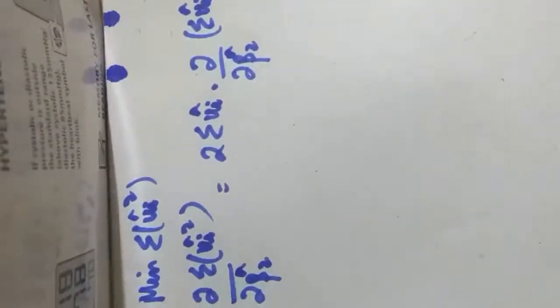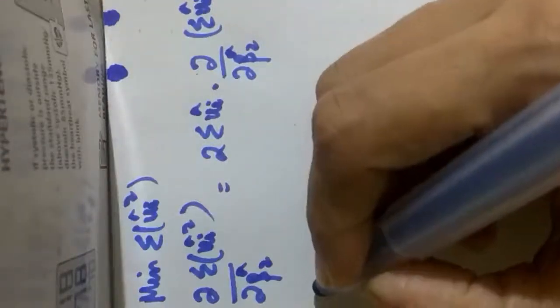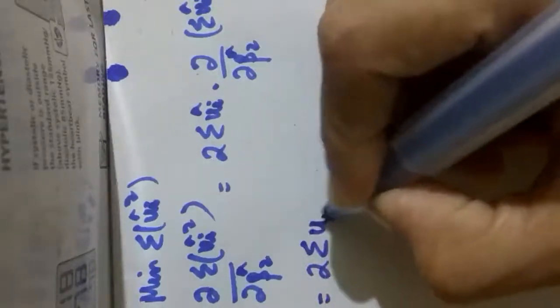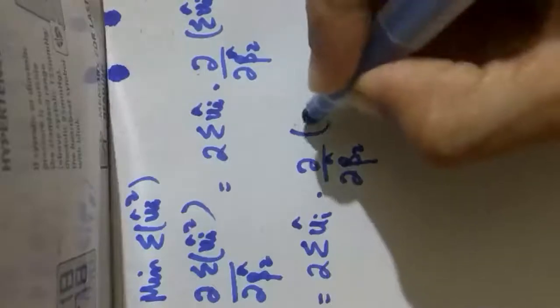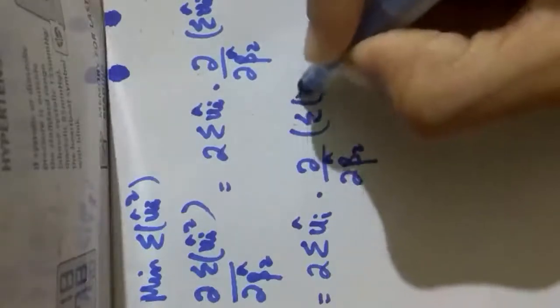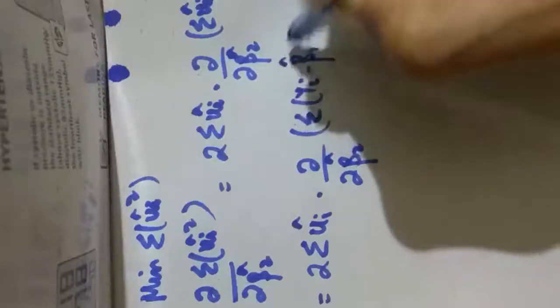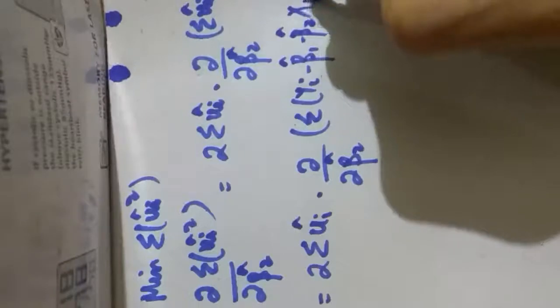Now I'll just expand ui hat. So this is equal to 2 times summation ui hat into differentiation with respect to beta 2 hat. Instead of summation ui hat, I'm going to write yi minus beta 1 hat minus beta 2 hat xi.